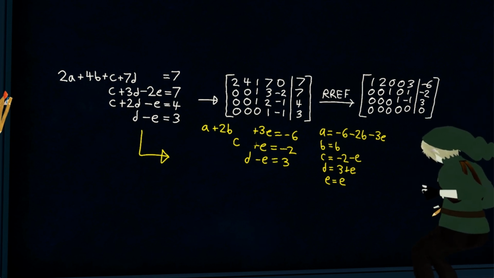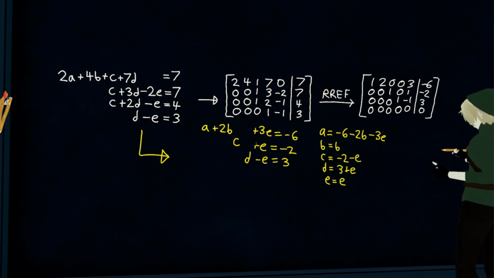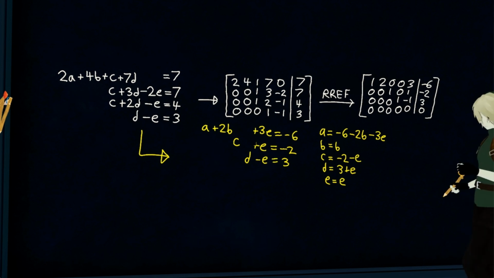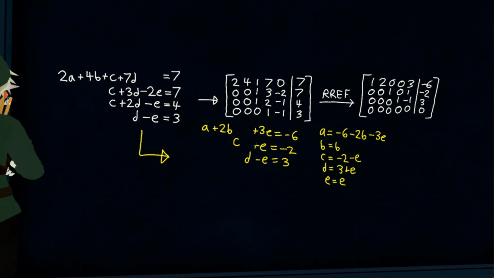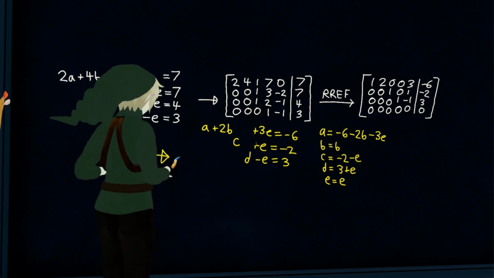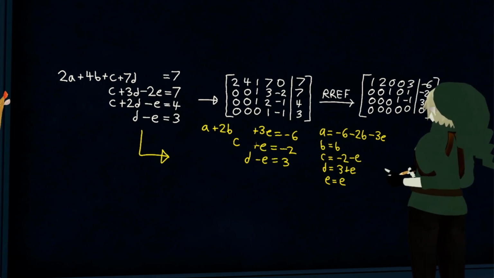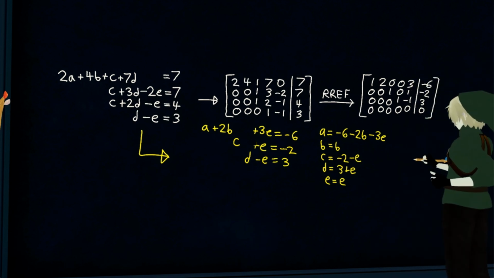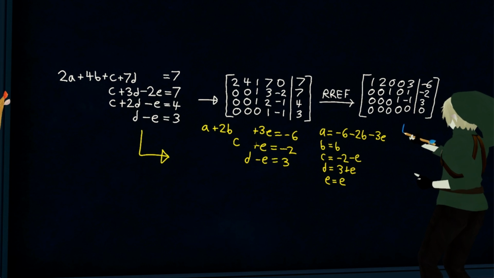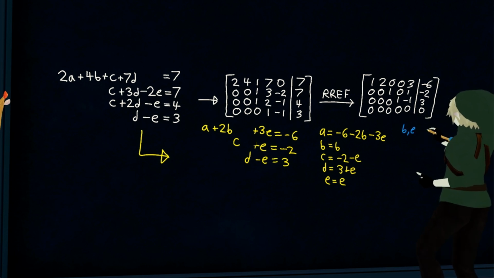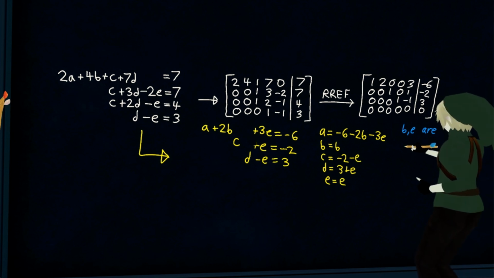So, I'll write it right here. In blue, notice that B and E are free variables.